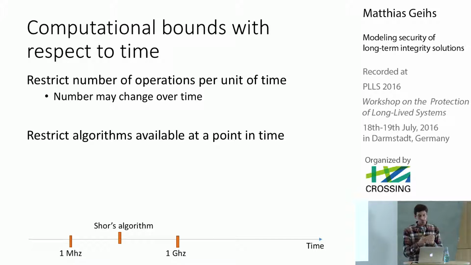If we are convinced that a certain algorithm was only developed in, say, 2010, or Shor's algorithm in 1997, we could say in this model that before that time no algorithm was available to do these computations efficiently.